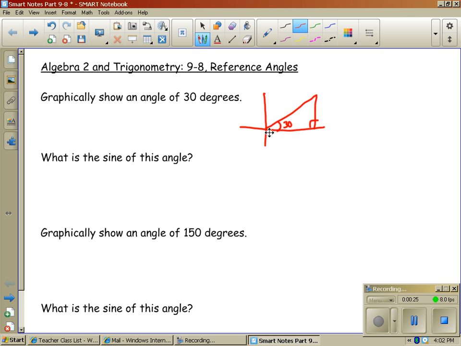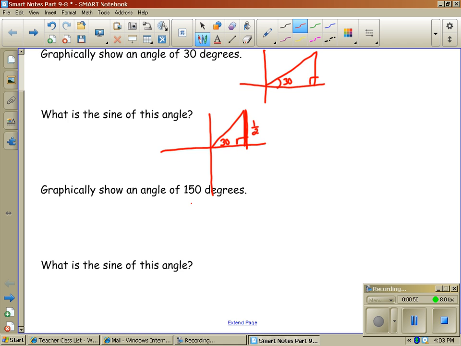We talked about the relationships of each of the sides. We know that the sine, if we draw it within a unit circle, the sine of 30 is 1/2. So the y value is 1/2. The sine represents the y value.